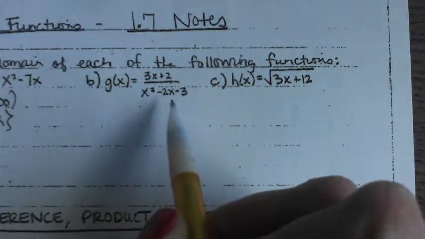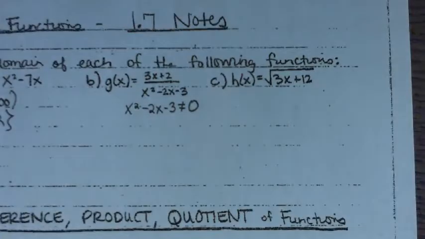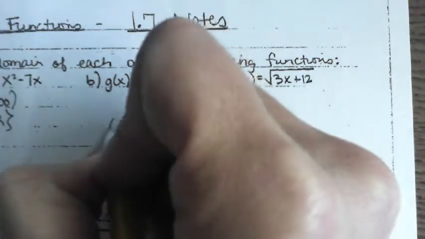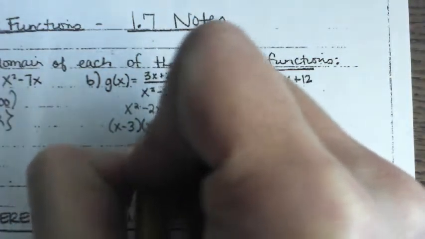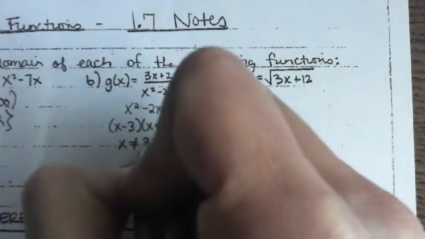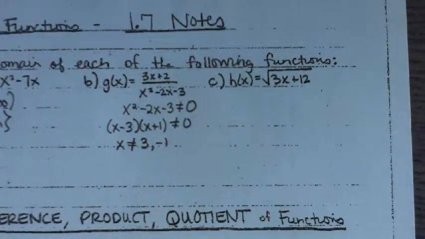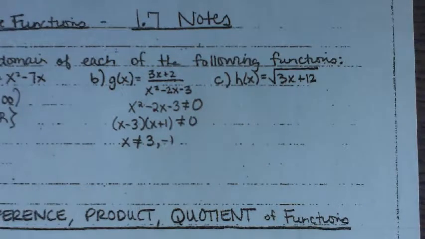Agreed? So we would set up x squared minus 2x minus 3 cannot equal 0. And we would factor to solve, (x minus 3)(x plus 1). So x cannot equal 3 or negative 1. Okay? So there's a couple ways to write this.